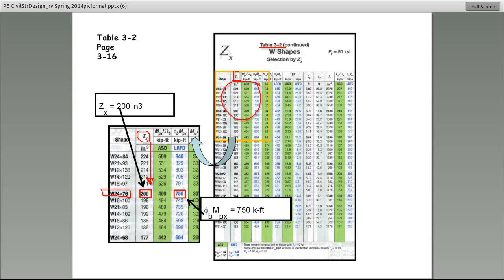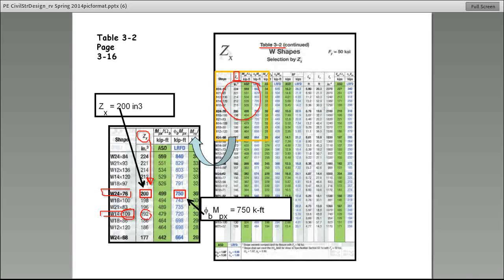For the purists among you, you may say, well, what about W14 by 109? Well, yes, in terms of section modulus, that would satisfy. That's larger than 189. But you know the second number here, when we say W14 by 109, that 109 indicates the weight of the beam per linear foot.